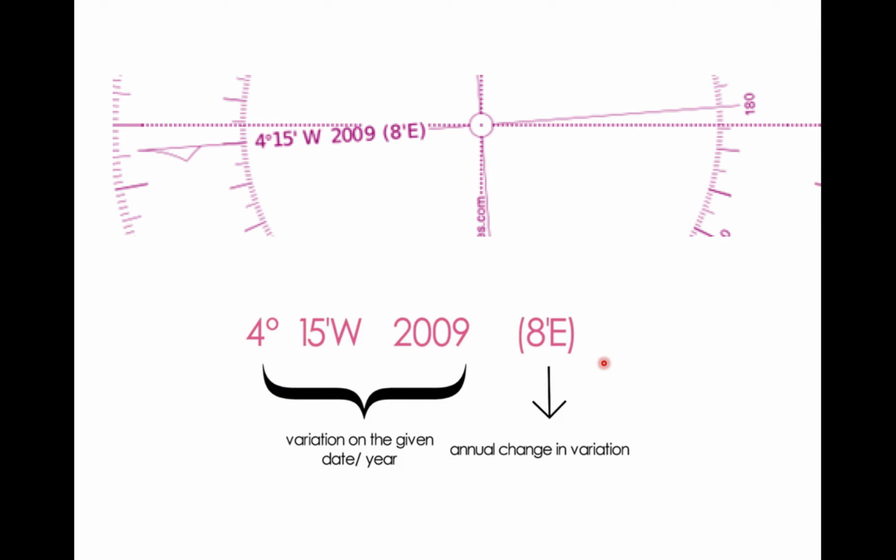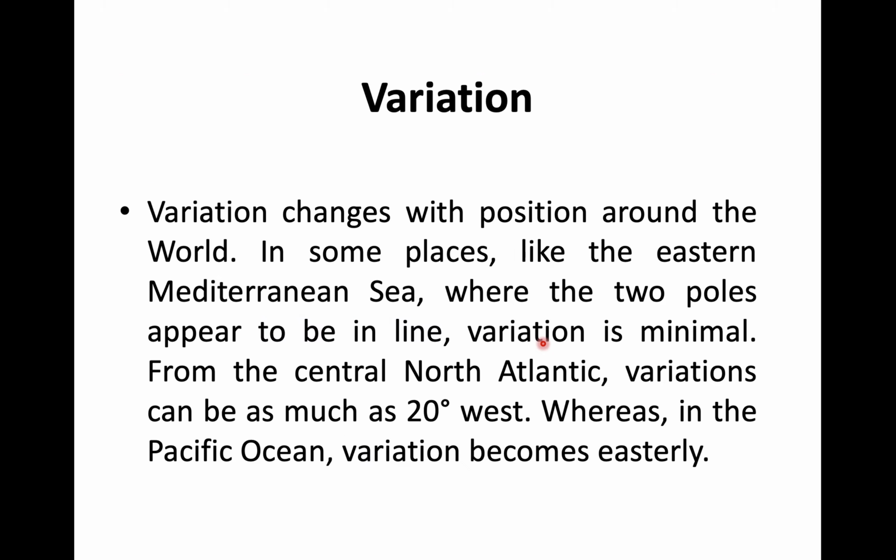This is a different minute. That's what we call the arc of time. So again, we have here 8 minutes east. That's the annual change in variation. All right. Let's continue.